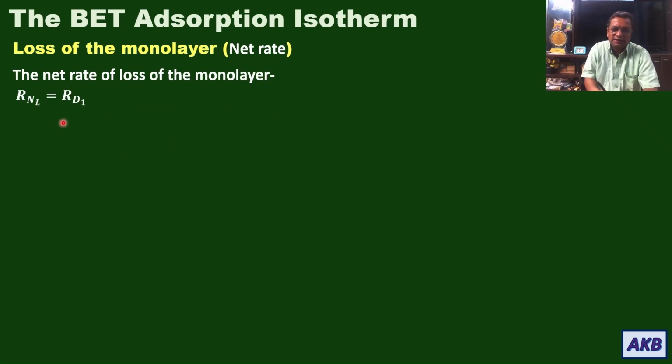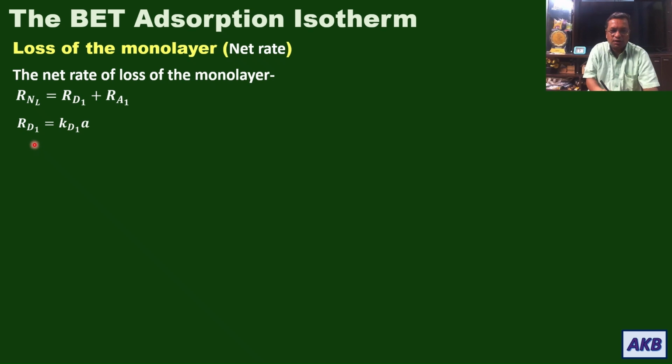Now let us get the net rate. You have two processes for the loss of the monolayer, and the addition of the rates of those two processes will give us the net rate for the loss of monolayer. So the net rate of loss of the monolayer is given by this equation RNL. RNL represents the net rate of loss of the monolayer. So that is equal to RD1 plus RA1.